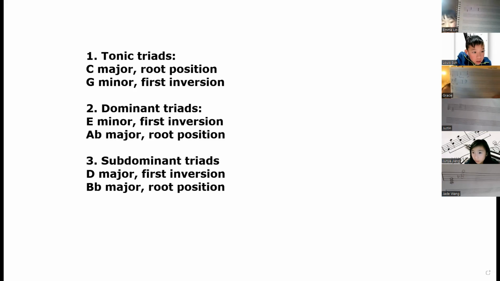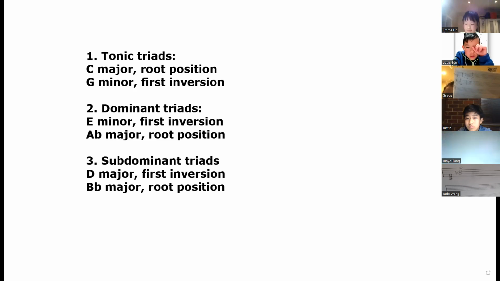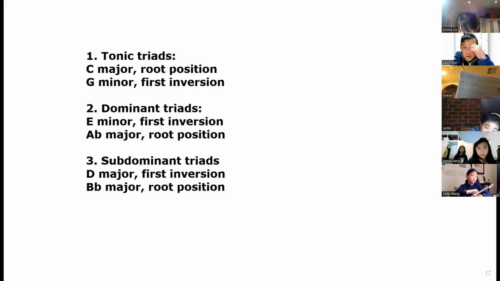Okay. Justin, you're missing accidentals on G minor. Emma, good. Remember to include a stem if you're writing in crotchets or whatever. Same with you, Elizabeth. And Jade, very good. Remember your clef. I'm being very fussy right now.